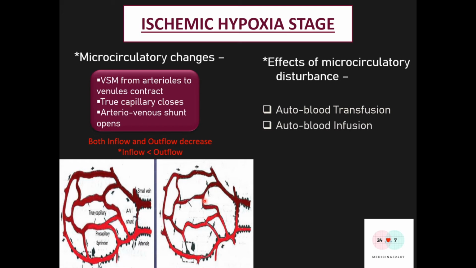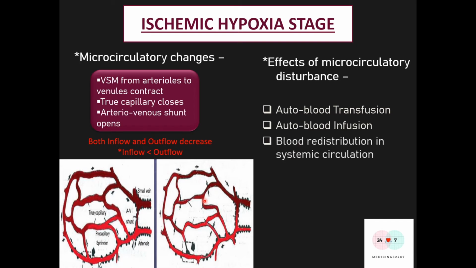Auto blood transfusion is caused by the opening of the arteriovenous shunts, the increased cardiac output, and the other compensatory mechanisms.